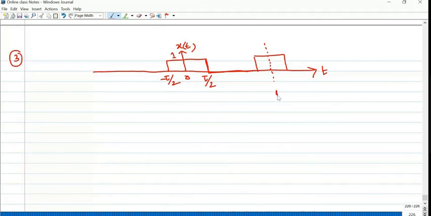The dotted line is mentioned as capital T. This problem is from a textbook. Okay. That's it. The signal sketch given to the student is only this much.